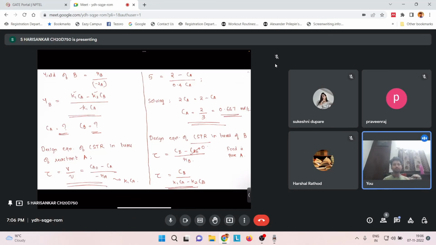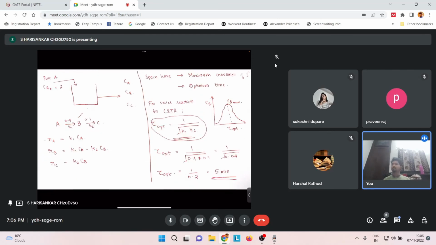But in order to use the design equation, we need the value of tau. And for that, they have given in the question that tau is the time at which the Cb is maximum. So that is the concept of the optimum time in series reaction.